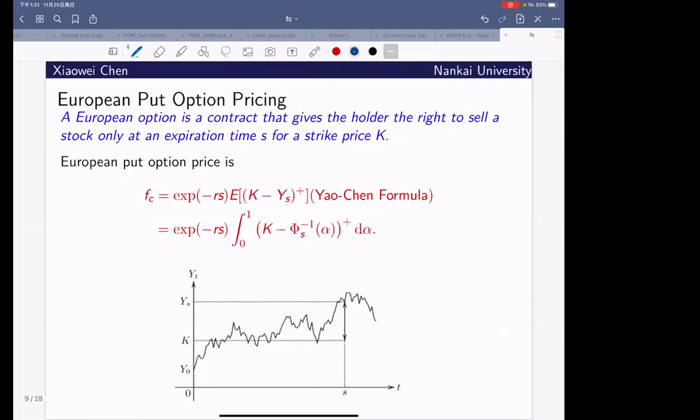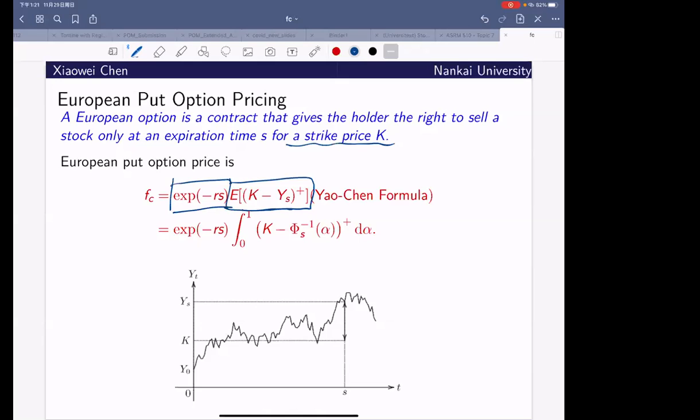For the put option, the story is the same. A put option gives the holder the right to sell a stock at its expiration time for a strike price. So the payoff of a European put option is K minus Y, taking the positive part, and the expected payoff is like this, and we take the discount and get the pricing formula.